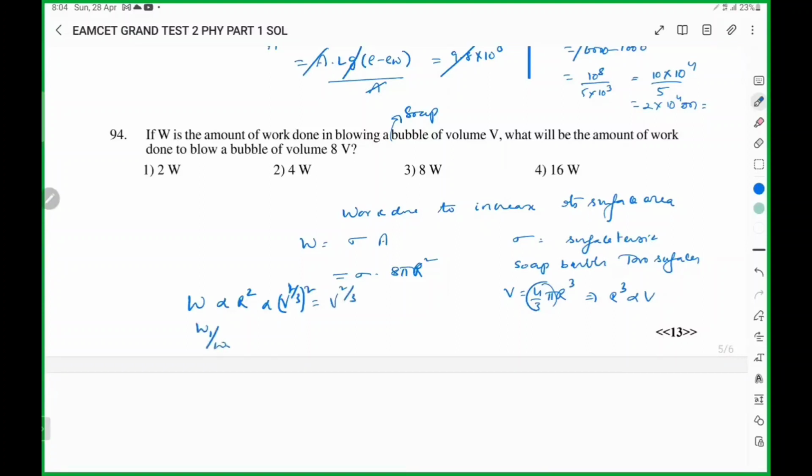So W1 by W2 is V1 power 2 by 3 by V2 power 2 by 3. Volume here is 8 V1, so 1 by 8 power 2 by 3, which is 1 by 4. So work done will be 4 times the work done.